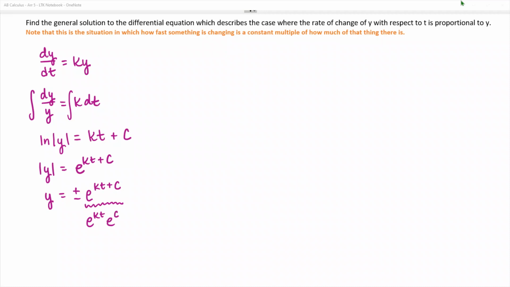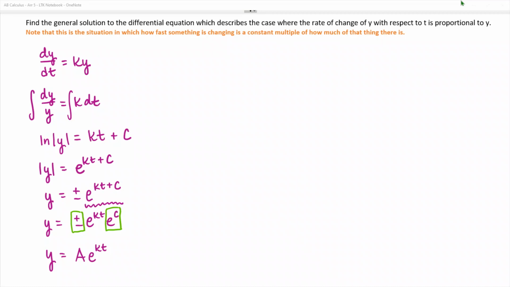I realize that's not much nicer yet, but e to the c can be any positive number at all, and combined with the plus or minus that represents any positive or negative number, so that is actually just another constant. So our general solution to this differential equation is y equals some constant times e to the kt.